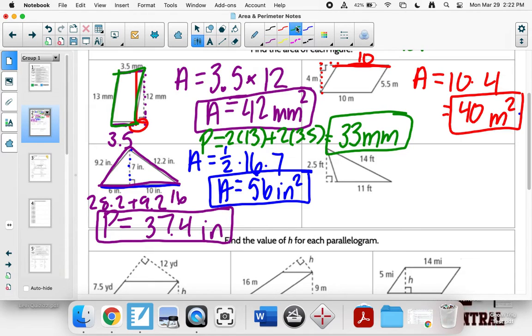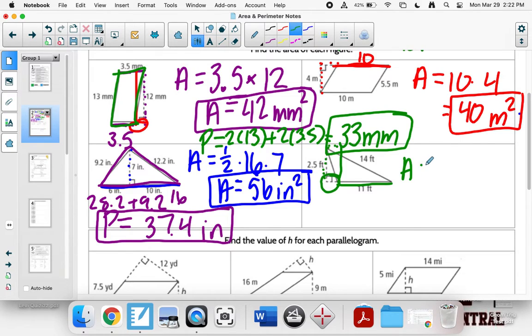Okay. What is my height in my next triangle? 2.5. What's my base? 11. Do I need to find this little line length? No, you do not need to find that. This little dash part is not part of the triangle. You can put it here, and then this would be dashed. It's just a different way of labeling them.